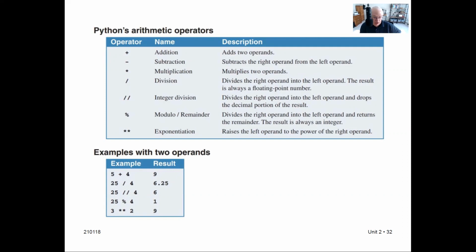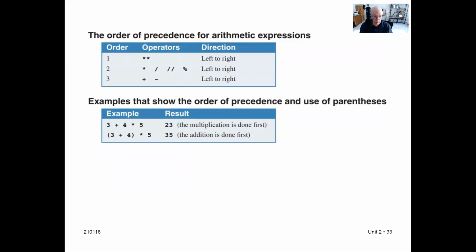If you want to see the remainder as a whole number, and we don't use remainder operators very much, at least I don't, 25 % 4, and all you're going to get is the remainder, which is 1. There's 1 left over there. So the exponential 3 ** 2 means raise 3 to the power of 2. So that would be like 3 times 3, which equals 9. So those are how the operators work.